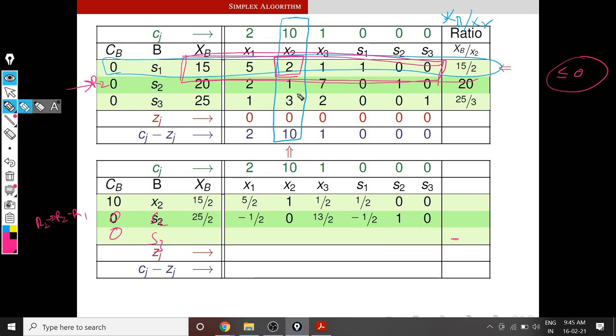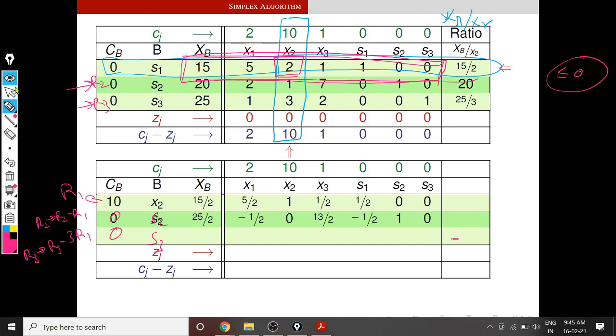Similarly, how to convert this 3 to 0? You take this as R1 and this as R3. R3 goes to R3 minus 3R1, then this becomes 0.